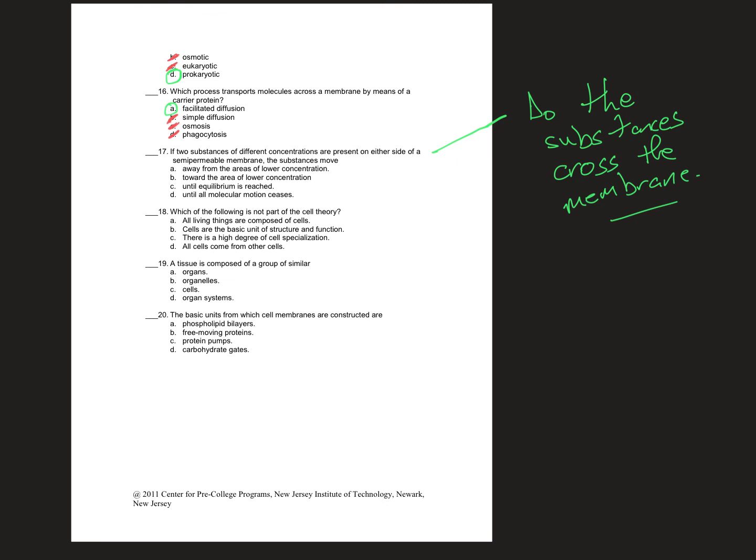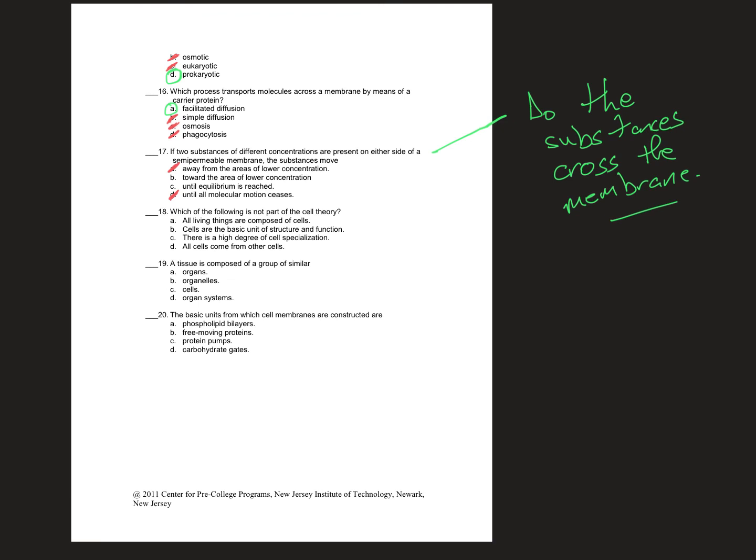Well, until all molecular motion ceases, we can get rid of right away, because that doesn't happen except at absolute zero, and that's not happening in any biological system on planet Earth. Away from the areas of lower concentration would mean it's active transport. They're not saying anything about ATP being used, so I can get rid of that one.